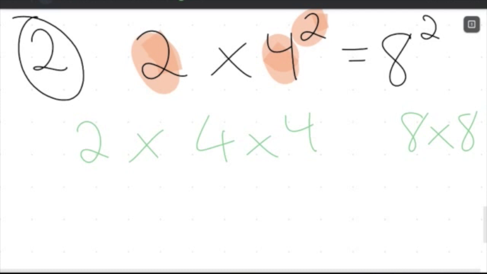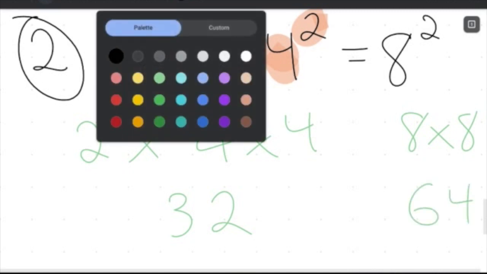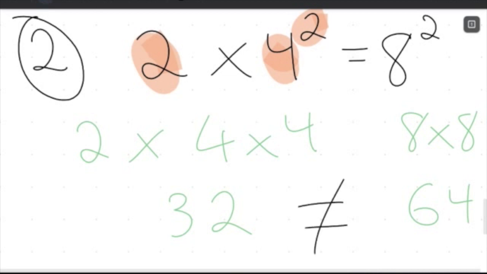Now, 4 times 4 is 16, and 2 times 16 gives me 32. And 8 times 8 gives me 64. So you can see that that's not the same, and that therefore is not the same either.